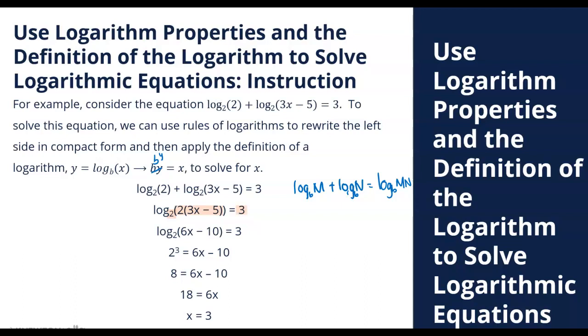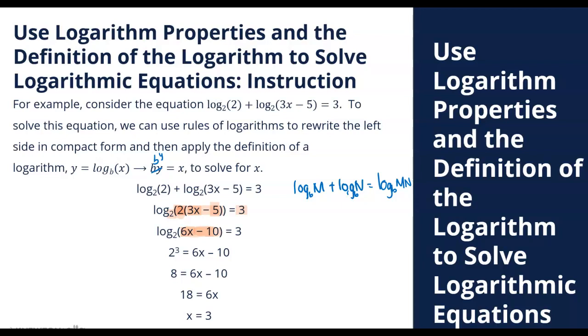Then we can proceed to simplify the product here and write it as 6x. That is, 2 times 3x is equal to 6x, minus 2 times 5, which gives us negative 10. So now this is the simplified form for the argument: 6x minus 10 base 2.